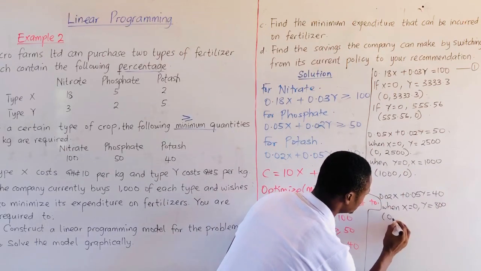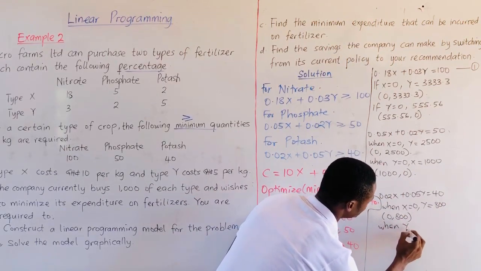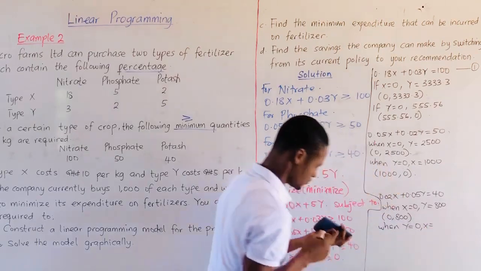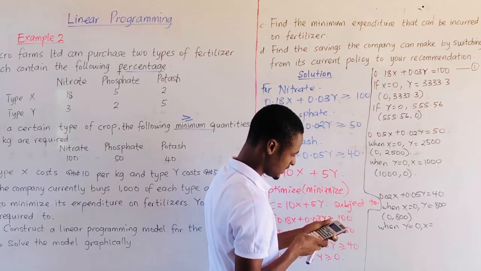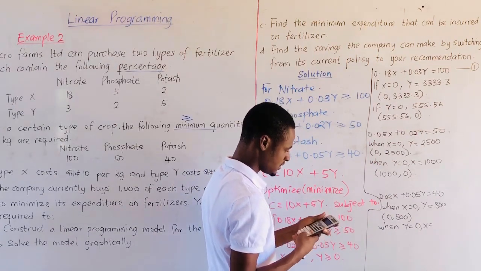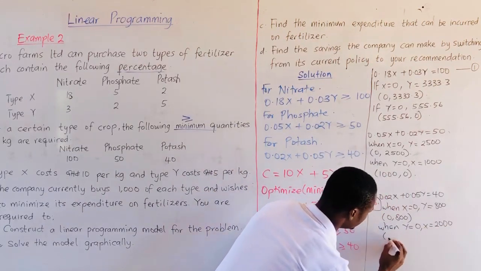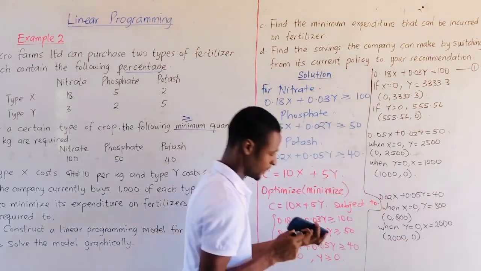Our point will be 0, 800. And then when y is equal to 0, we would have x equal to 40 divided by 0.02. That gives us 2,000. So our point will be 2,000, 0.